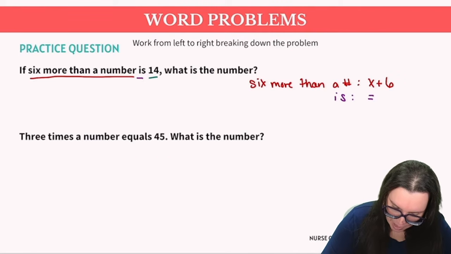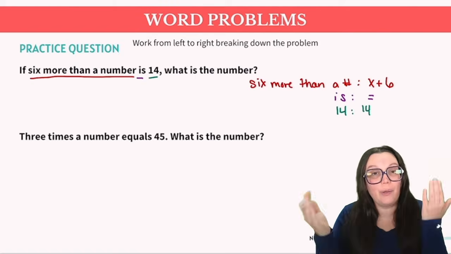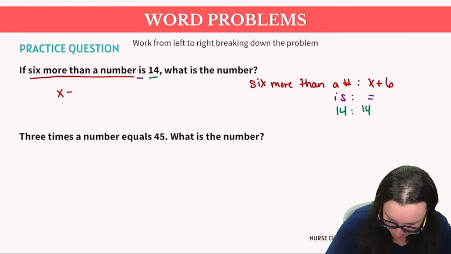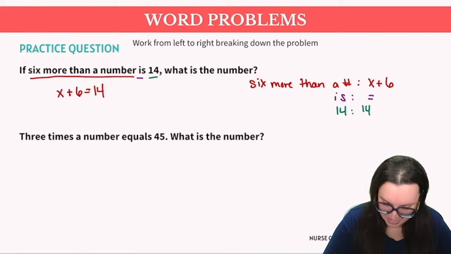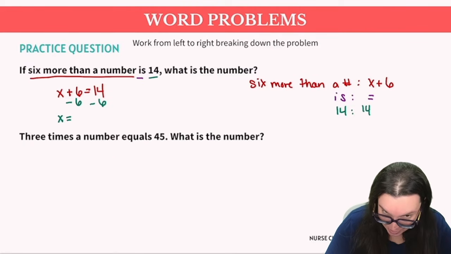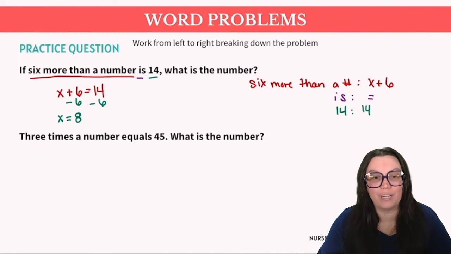And lastly, we have 14, which is just 14. Now we just need to put our problem together. So we have x plus 6 is equal to 14. Now we just need to solve for x. We do so by subtracting 6 from both sides, and that gives us x is equal to 8.